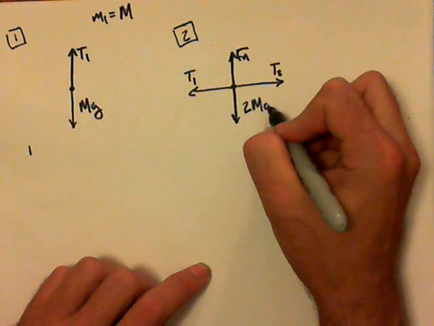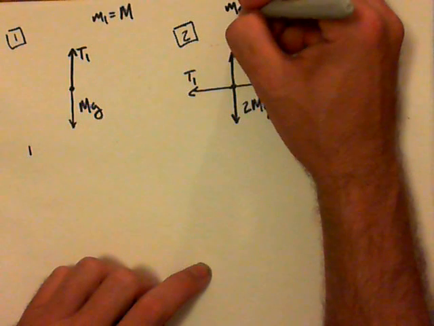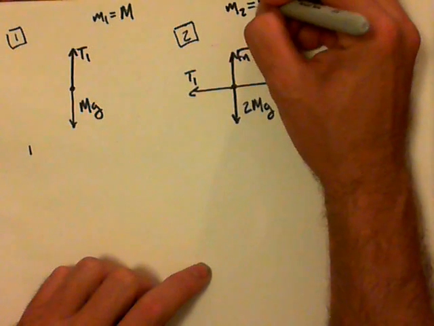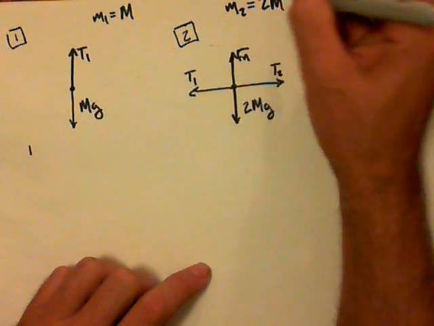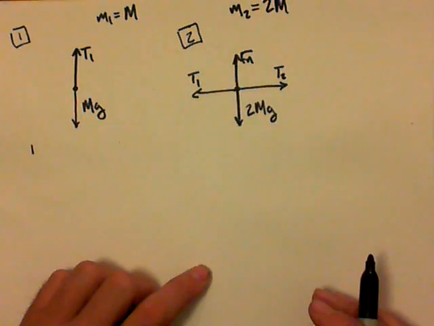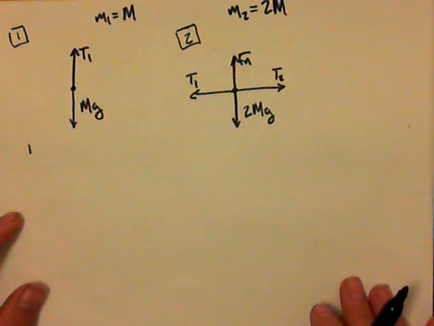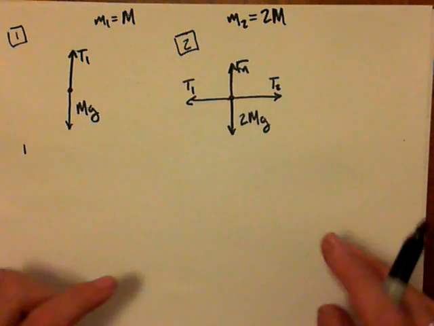Our mass on this one is 2m. You can plug these in after. I'm just throwing them in right now to help me figure out where I'm at in this one.